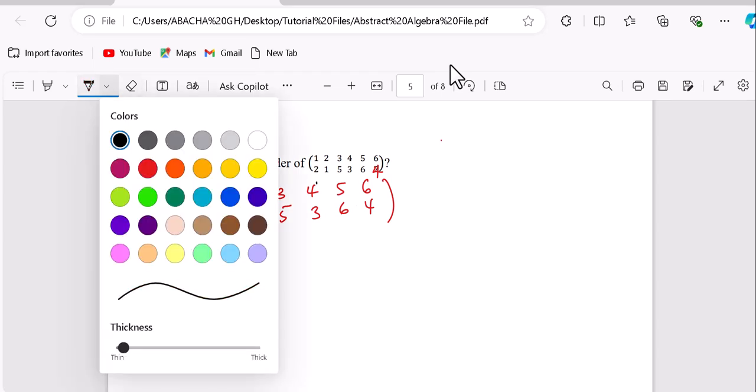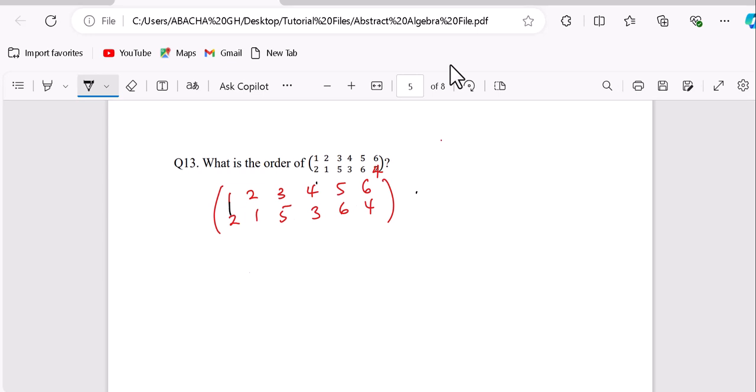We try to see how we are going to move. 1 goes to 2, goes back to 1. So our cycle is 1 2, which is disjoint. Then 3 goes to 5, 5 goes to 6, 6 goes back to 4, 4 goes back to 3. So we have 3 5 6 4. Good.